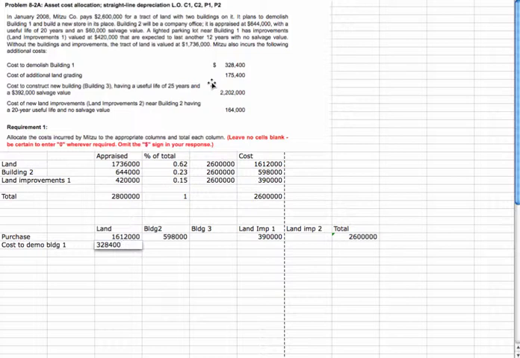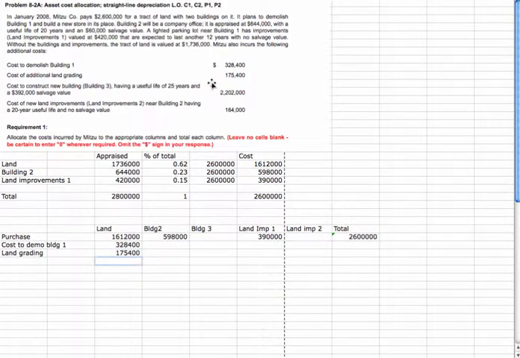And we said, because that building was intended to be demolished anyways, it's going to be part of the cost of the land. Then we have to look here, and also that they said they're going to grade the land, so the land grading, which is flattening out the land so we can do the construction. Land grading was $175,400.